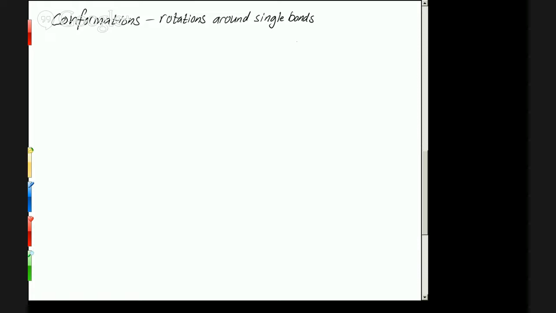We call different states of rotation around bonds different conformations of molecules. So this would be the simplest example of that. You just rotate this little molecule and you can get two different conformations. You can get the one where they're lined up and the one where they're not lined up, and then the stuff in the middle.